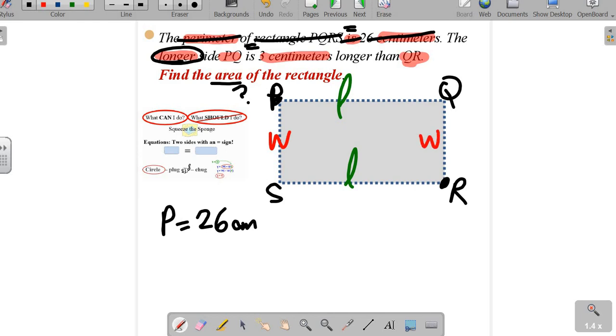The length is 3 centimeters longer than the width, which would be QR. Longer than, shorter than. Longer than is plus, shorter than is minus. So 3 centimeters longer than the width. Our ultimate goal is to find the area. So we write out the area equation.